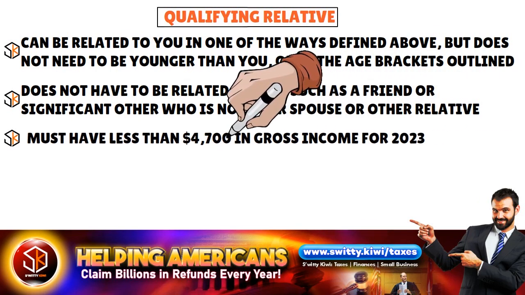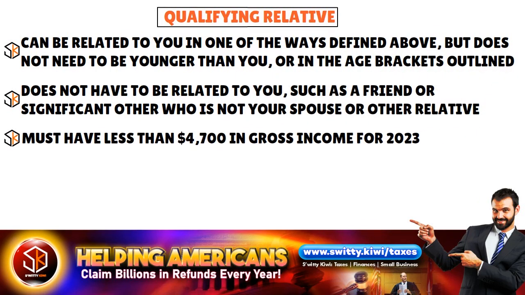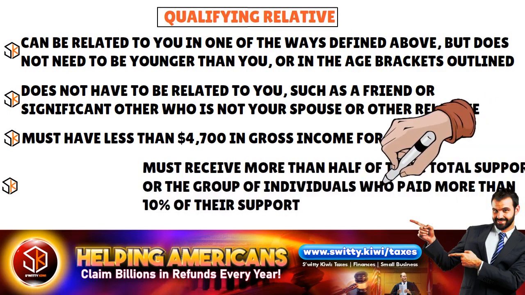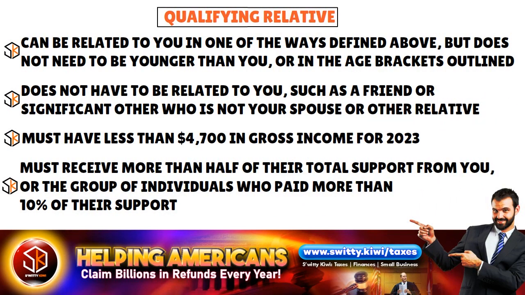A qualifying relative must have less than $4,700 in gross income for 2023. So for this year it is $4,700. And a qualifying relative must receive more than half of their total support from you or the group of individuals who paid more than 10% of their support.